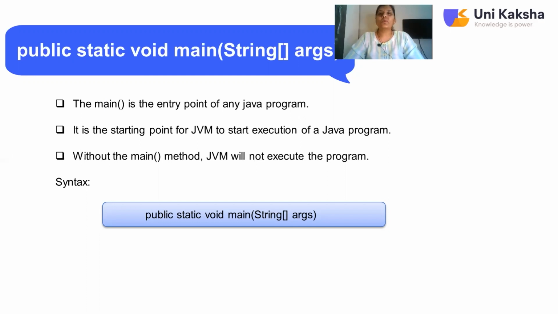So yes, you can make changes to this name, but you must make these changes in your JVM file as well, because the registered syntax of main method is just like this, which is mentioned in your JVM. So JVM will always search for this similar syntax. That's why you have to make changes there.